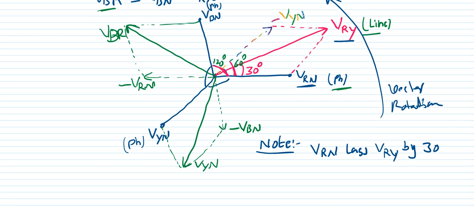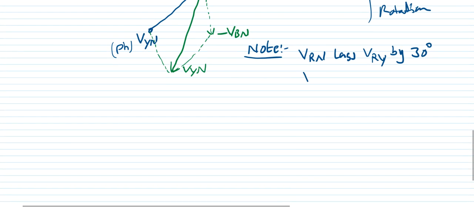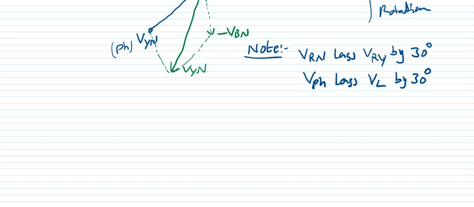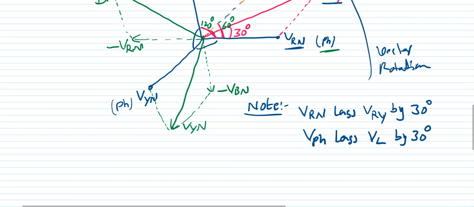So this is another point I noticed from the diagram. In case of star connection, phase voltage lags line voltage by 30 degrees. So that is another concept we have gone through.